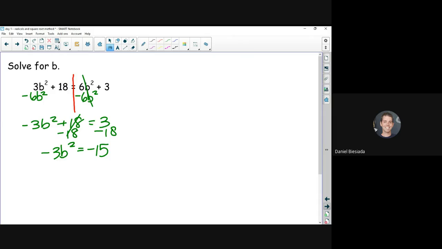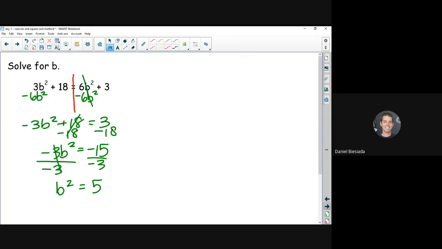We still have that negative 3, which in this case should be divided. And that takes me to b squared equals 5. We have succeeded in isolating the b squared. Got a step ahead of myself.